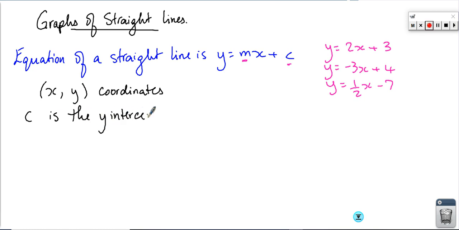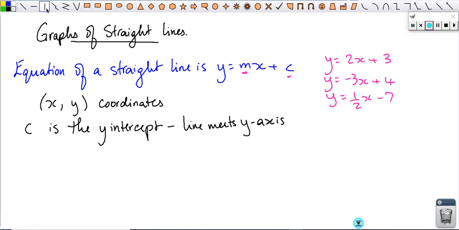The y-intercept is the point on the graph where the line meets the y-axis. So if we had to see a sketch of a graph, we'll see something like this.